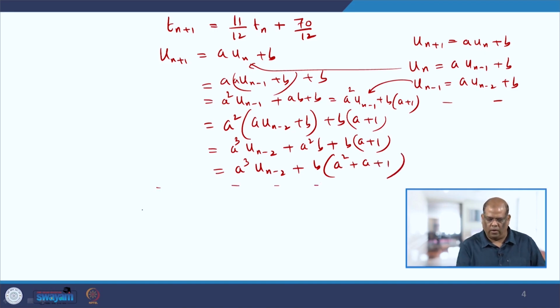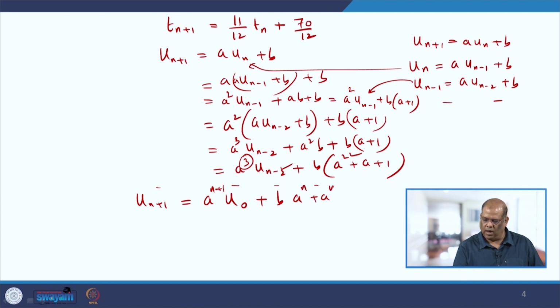If you generalize this, u(n+1) is equal to, so this is 3, this is 1 less, this is 1 less. So, if I replace this by a to the power n, or rather if I want to make this 0, then this will be a to the power n plus 1 u0 plus b times, this is a to the power 1 less, so a to the power n plus a to the power n minus 1 plus a plus 1.